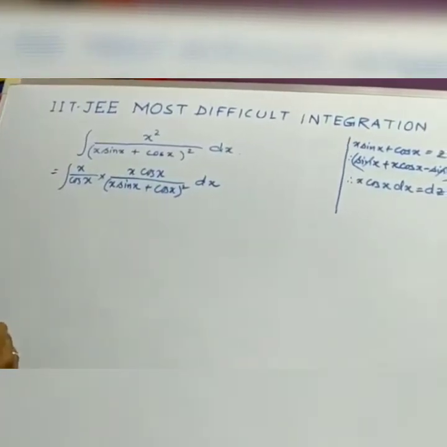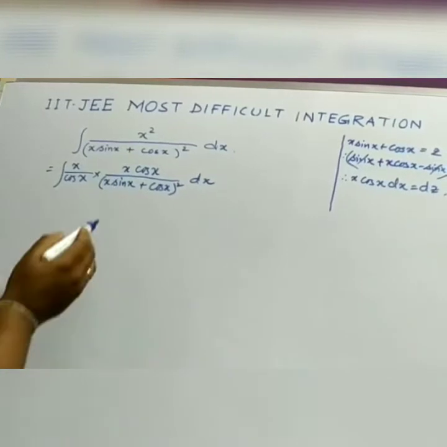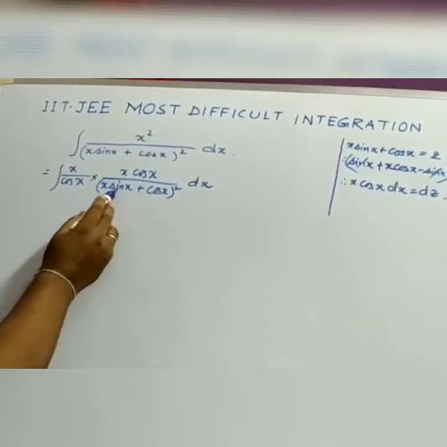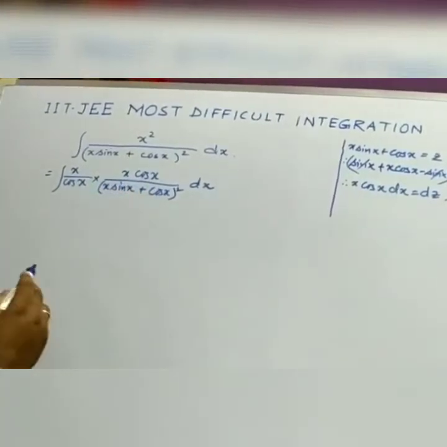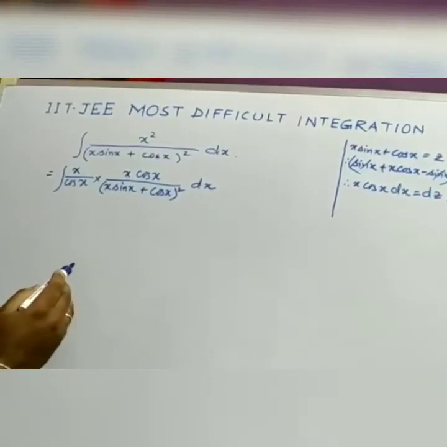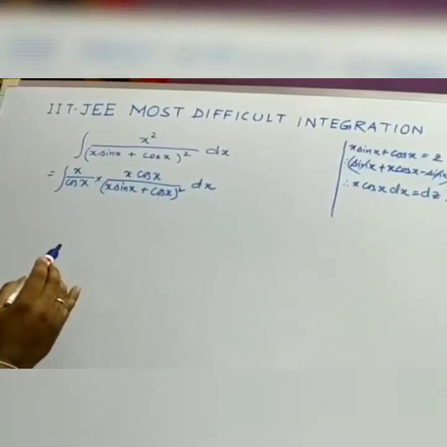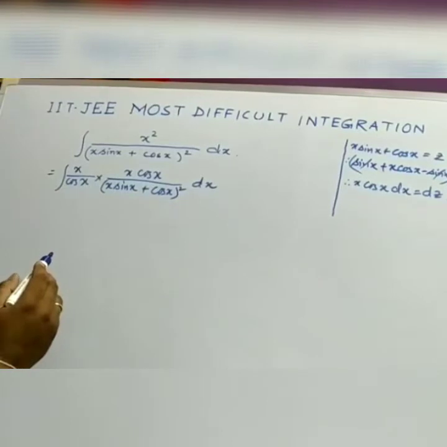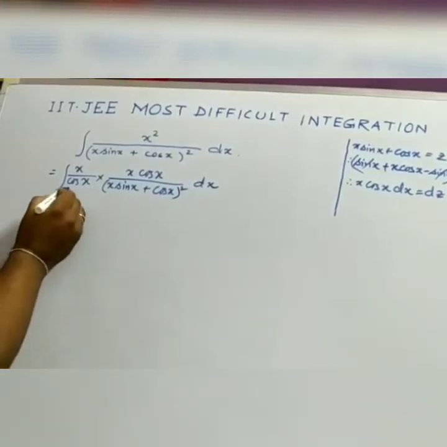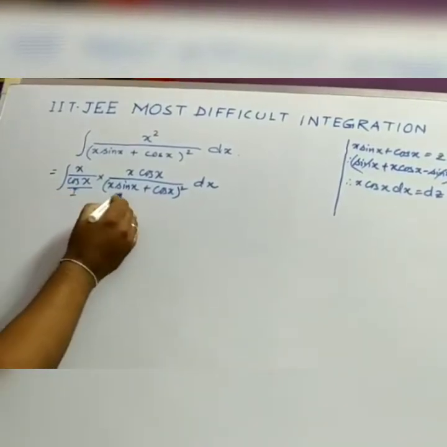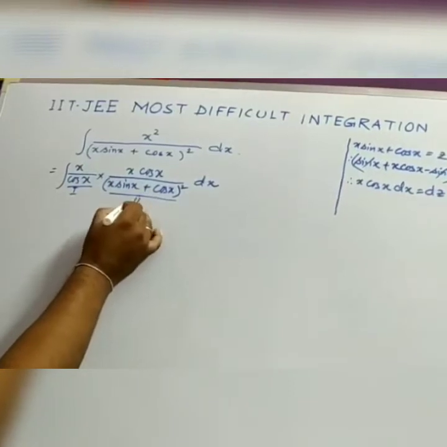Okay, so we got the form as x cos x by (x sin x plus cos x) whole square. Now here we will apply integration by parts. We are taking this as the first function and this as the second function.